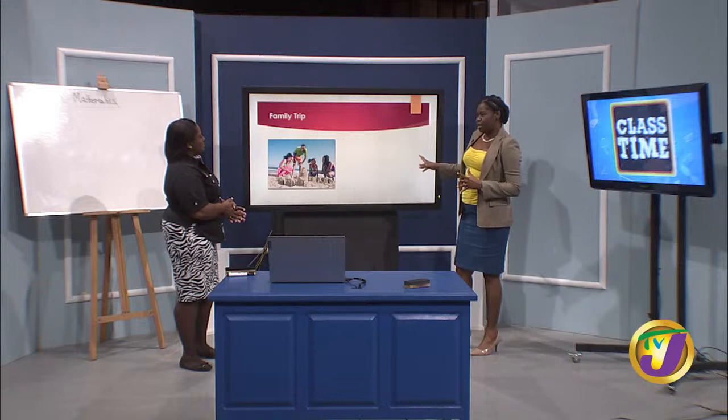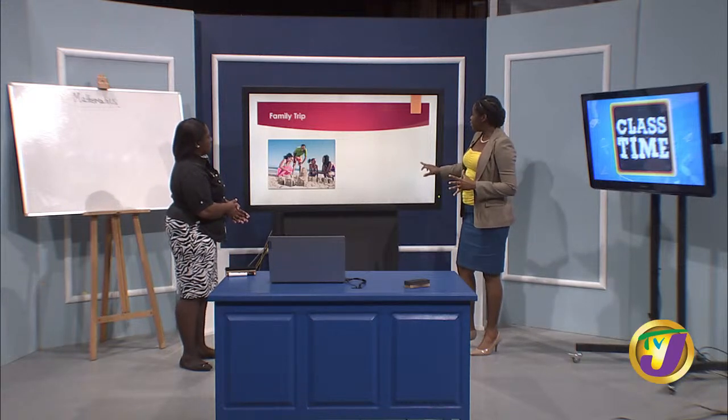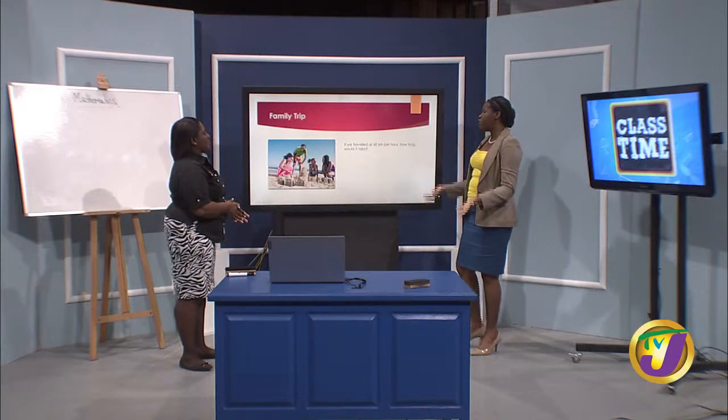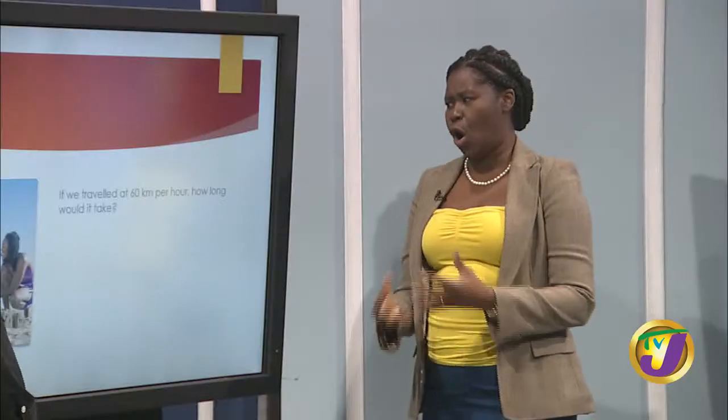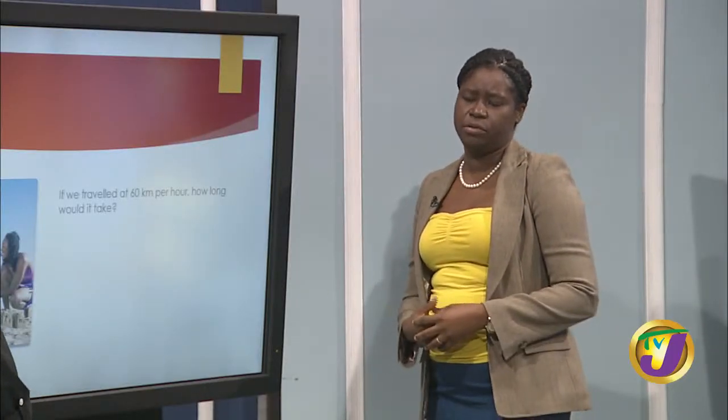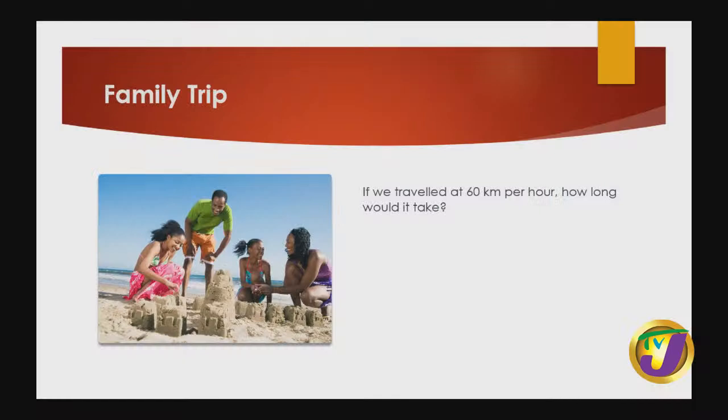All right, back to the family trip. Let's take another spin on it. What if we were traveling at 60 kilometers per hour? How long would it take? For every hour, we will cover 60 kilometers. So the first hour would be 60, the second hour would be 120, and the third hour would be 180 kilometers.